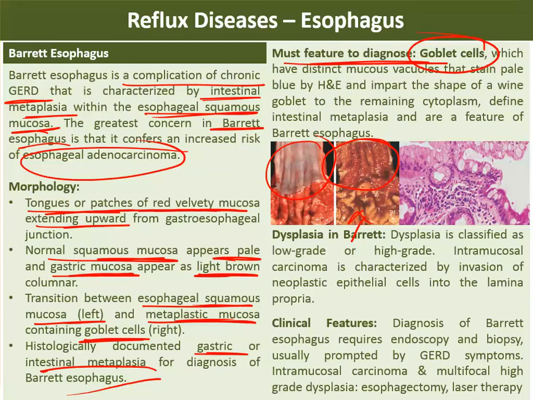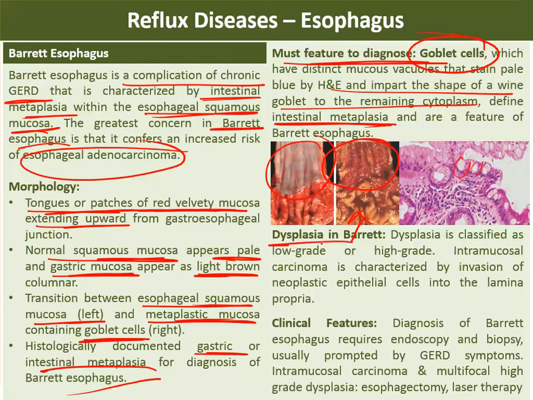So if you see glandular epithelium, I will look whether I see a goblet cell or not. If I see a goblet cell, then it is Barrett's esophagus. Intestinal metaplasia is defined: if you see a goblet cell, it is confirmed.